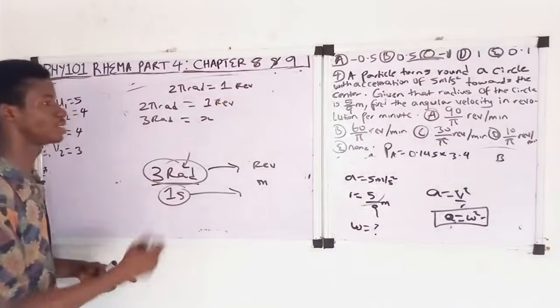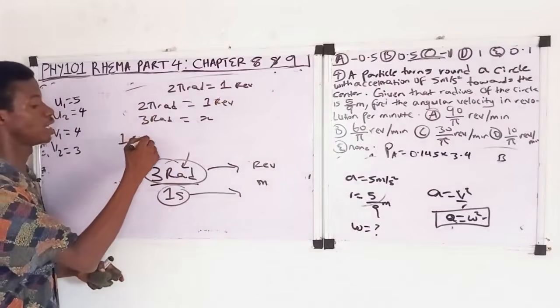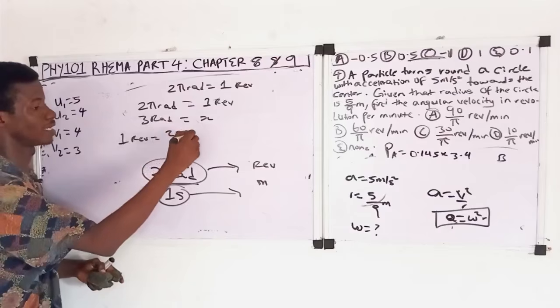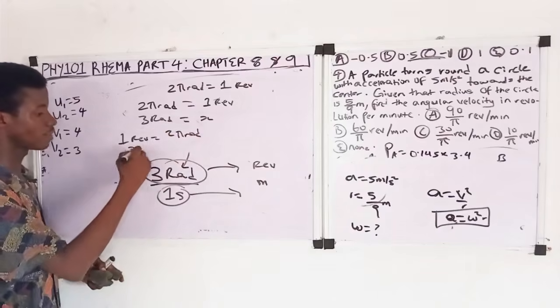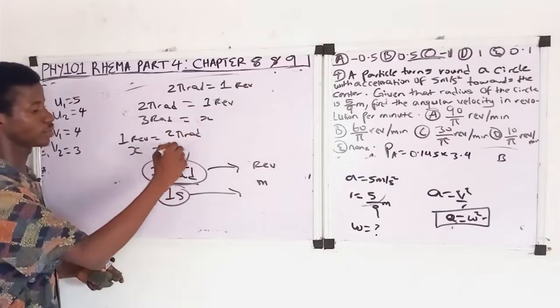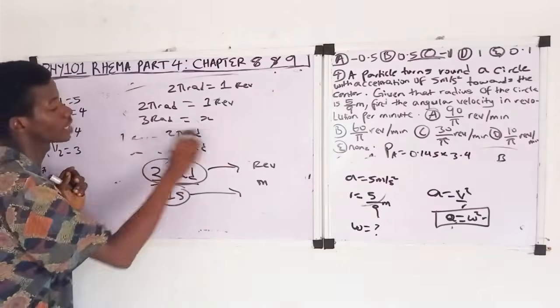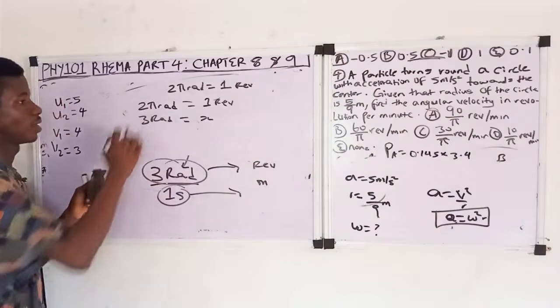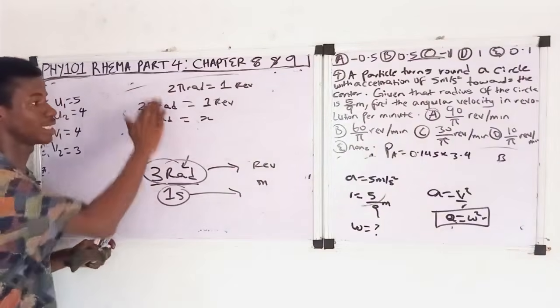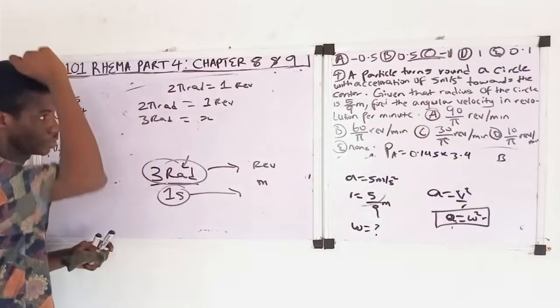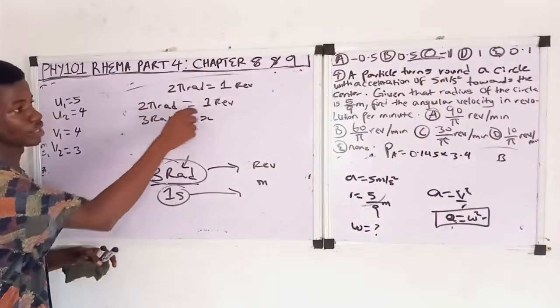Or you can turn it: if 1 revolution is equal to 2 pi radian, then S revolutions will be equal to 3 radian. Cross multiply, it's the same thing. You can turn it as long as the values with the same quantity are on the same side, we are good to go.